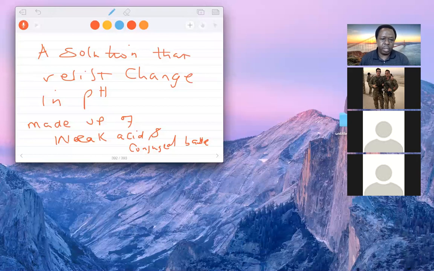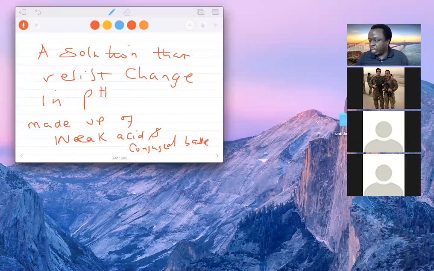I see a question in the lecture saying which one of the following will you use to make a buffer solution, and you are presented with A, B, C. If you don't know the difference between a strong acid and a strong base, you will pick any multiple choice and think that this will make a buffer solution. A buffer solution is made up of a weak acid and its conjugate base in equal concentration.